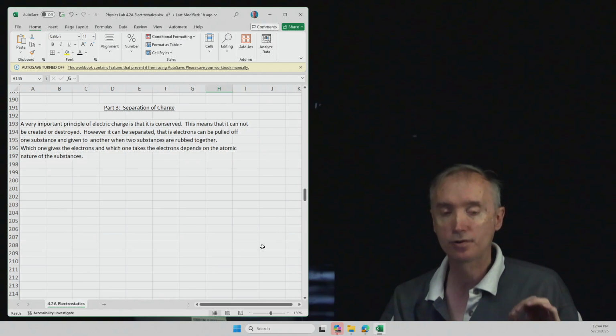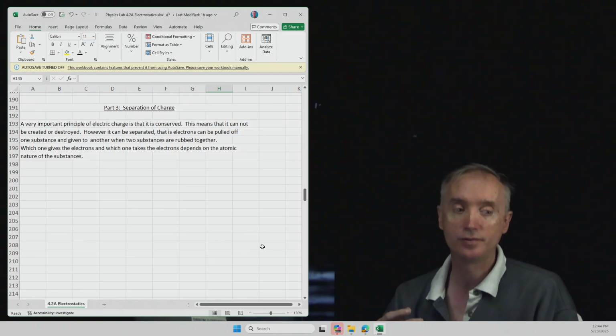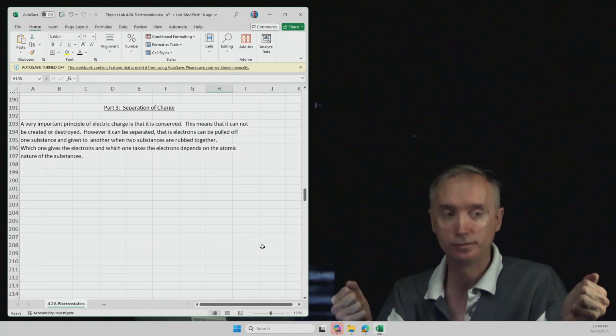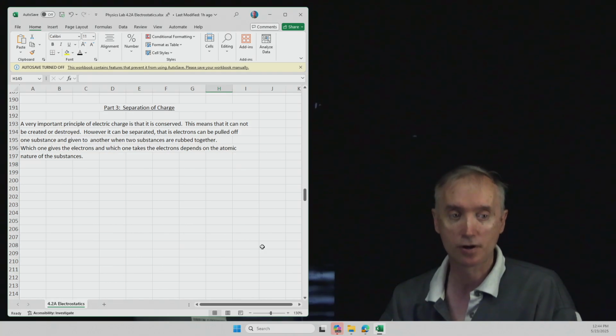Now, one thing that's critical to this is conservation of electrical charges. So that means that if you have a substance that is electrically neutral, equal numbers of positive and negative charges, and then you separate it, you can't create electrical charges. You can separate them.